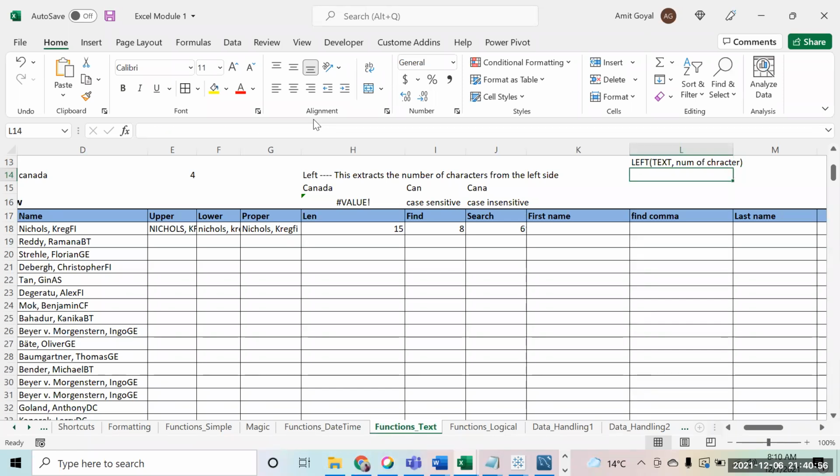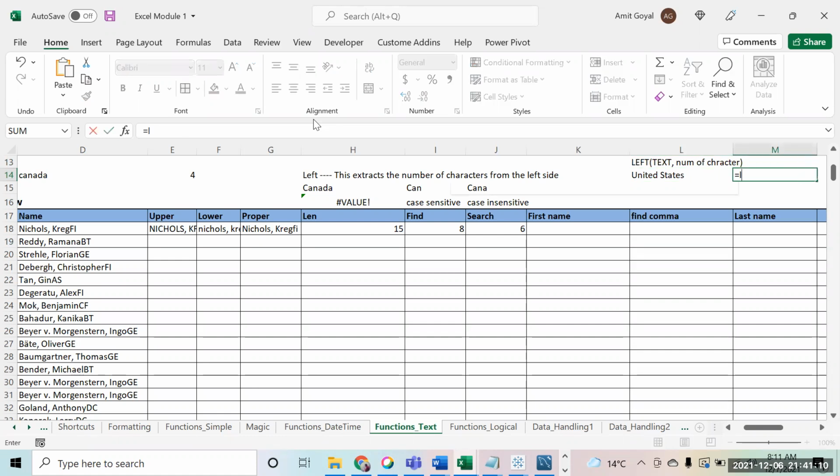So suppose I've written United States over here, and I want to extract United. So in United, how many characters do I have? 1, 2, 3, 4, 5, 6. So if I say equal to left, this is the word, and I say 6, right? So I get United over here.